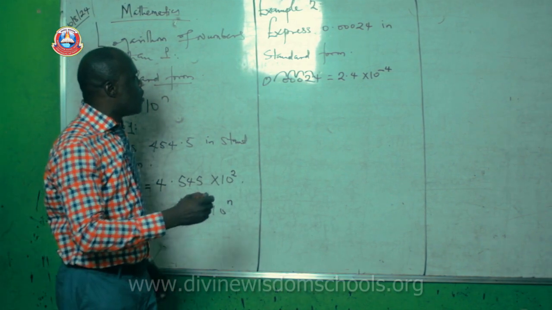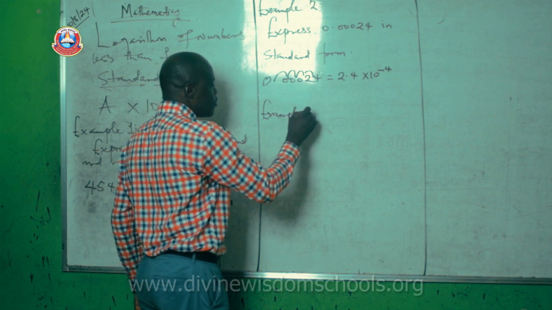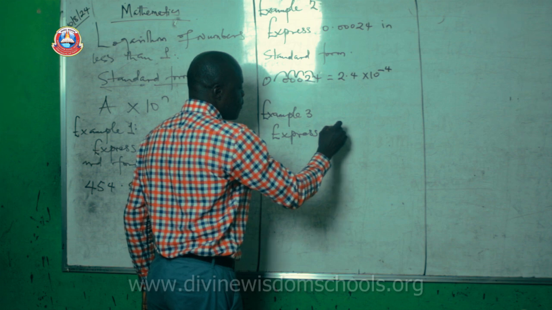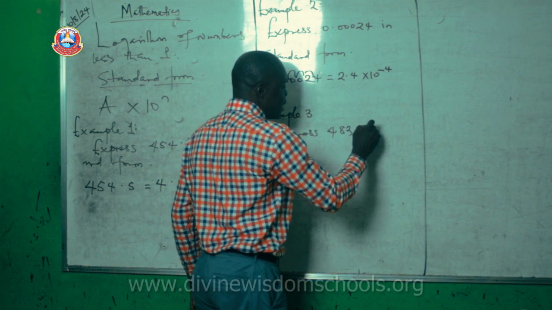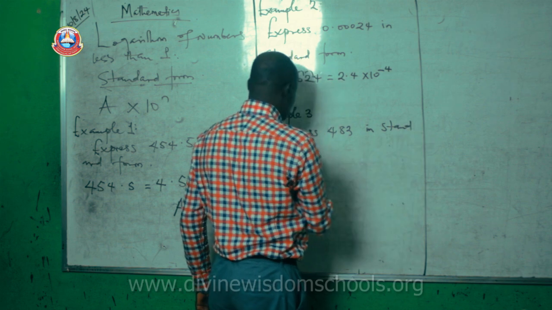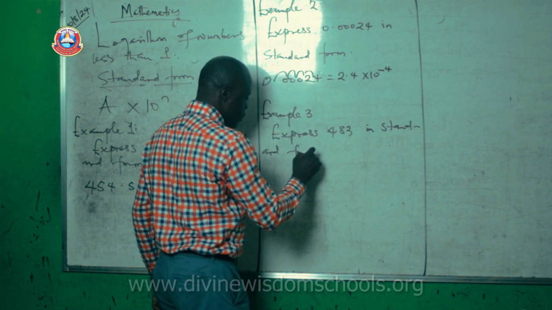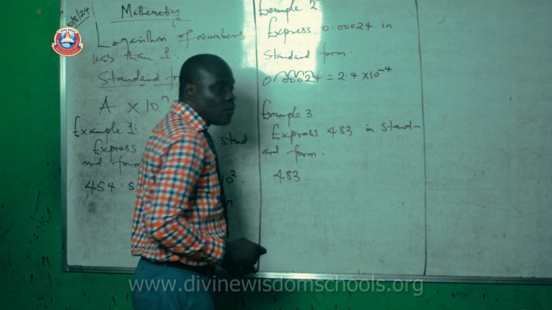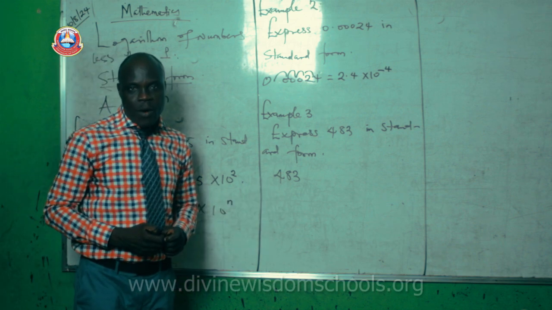We can still go on by looking at more examples. Example 3. Express 483 in standard form. Now look at 483. It's a number that is far bigger than 1.